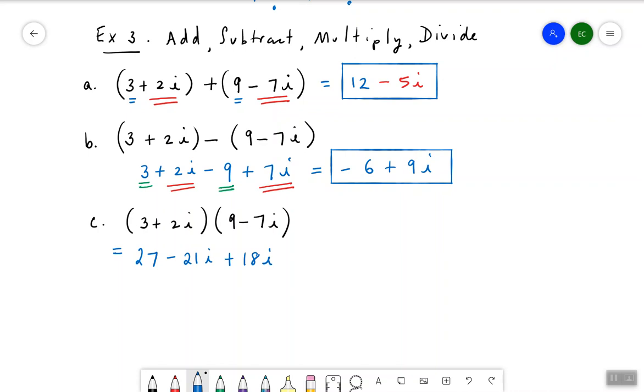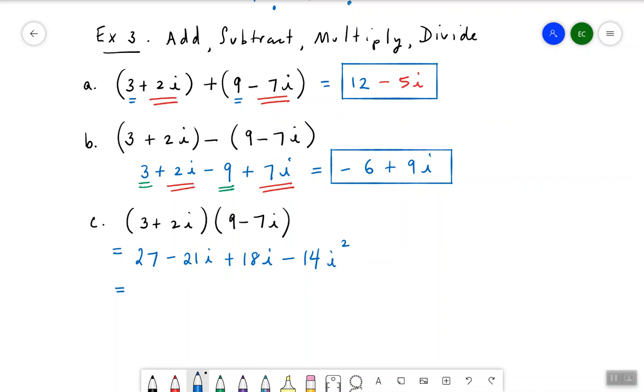And then the two last terms, the 2i times negative 7i. Be careful here. 2 times negative 7 gives you negative 14. And then you have i times i, which is i squared. And so we FOILed, or we distributed through the parentheses, and now we just need to simplify what's left over.